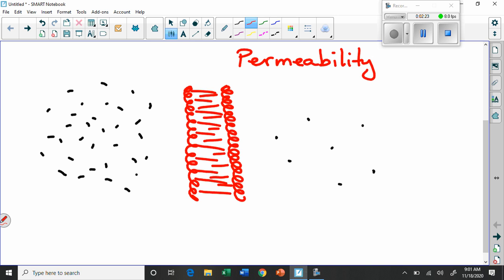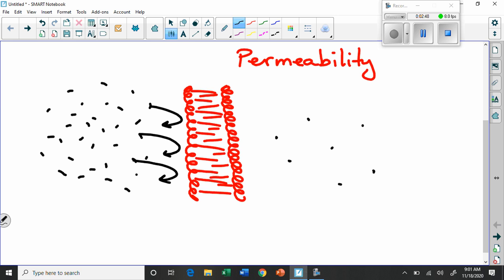So if we have a membrane here that is impermeable, impermeable means you can't let it through, right? If you're impermeable to this black solute, it can't get through. So it tries to go through, but it can't. It's turned back by the membrane. And therefore, the concentration gradient can't be evened out.